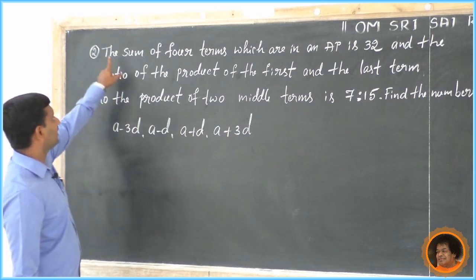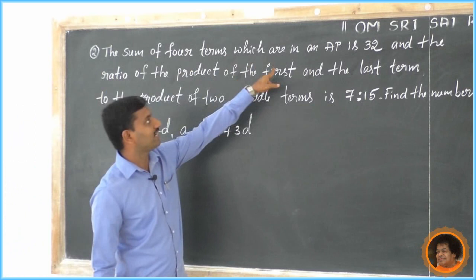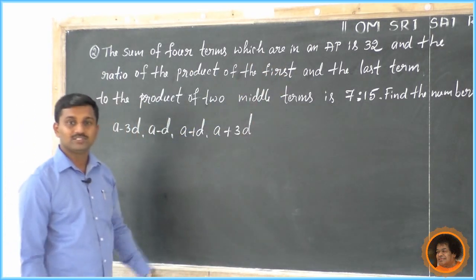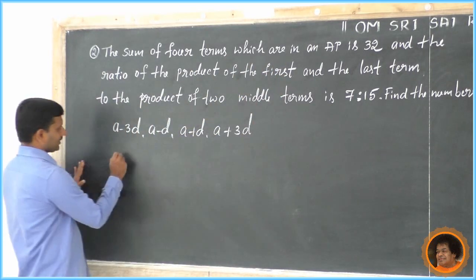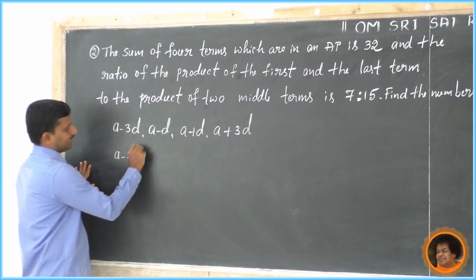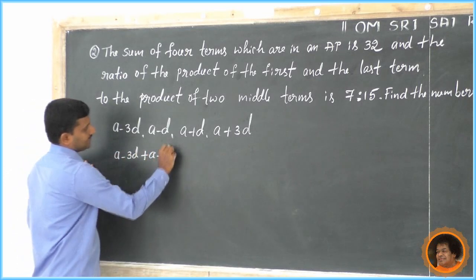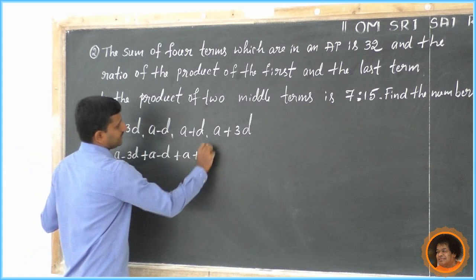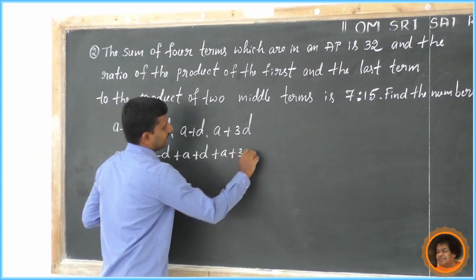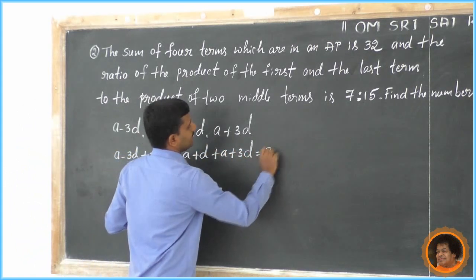So what is the first condition? The sum of the 4 terms which are in an AP is 32. The sum is given. So sum is A minus 3D plus A minus D plus A plus D plus A plus 3D equal to 32.